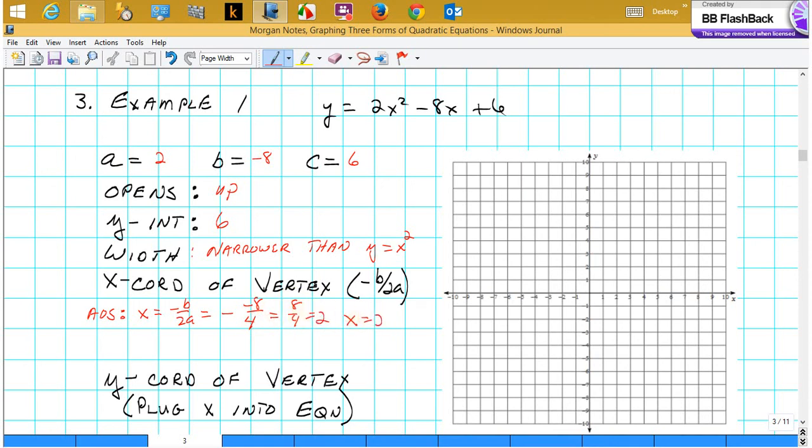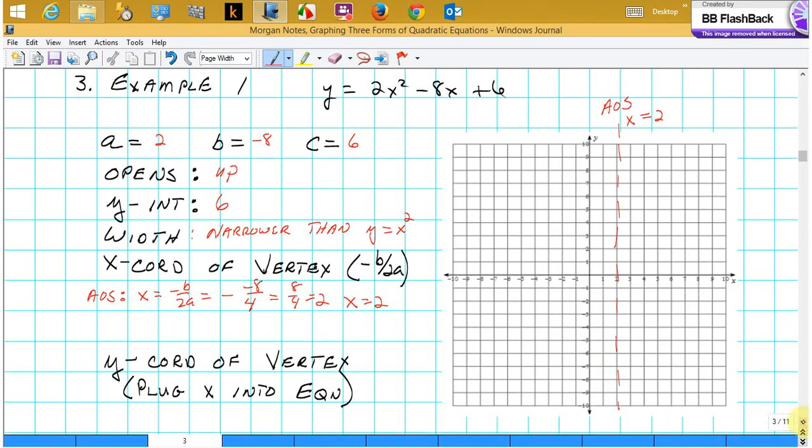So x equal to 2 is my axis of symmetry, and let's go ahead and put that on there. I'm going to dash it because it's not really part of the graph, but we'll use it to help us graph the equation. So this is the axis of symmetry, x is equal to 2.